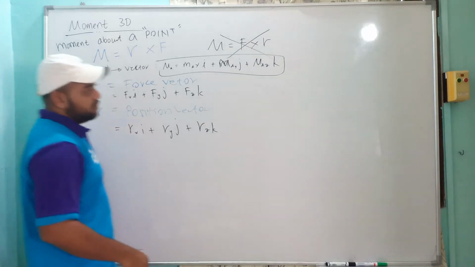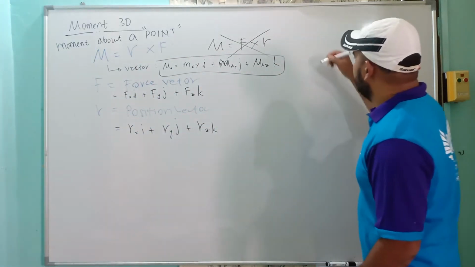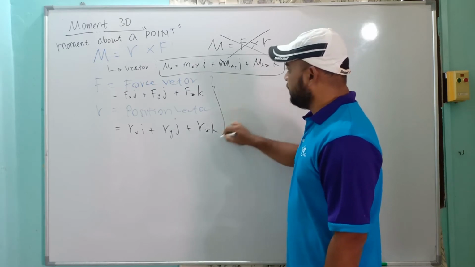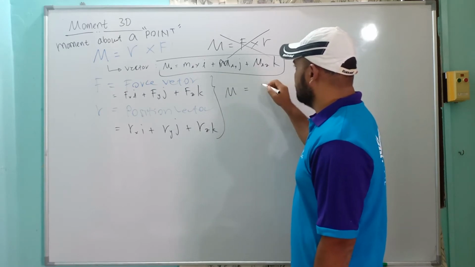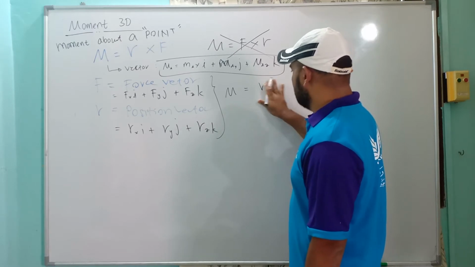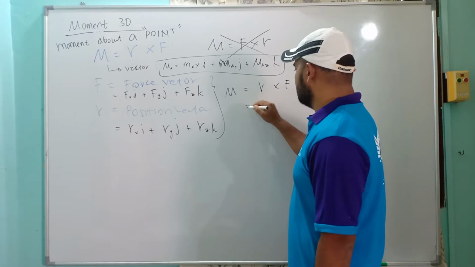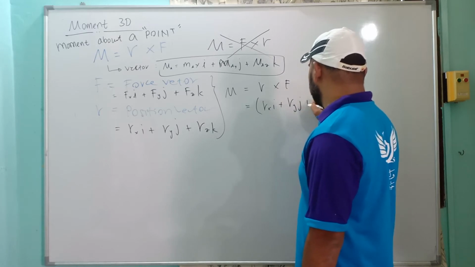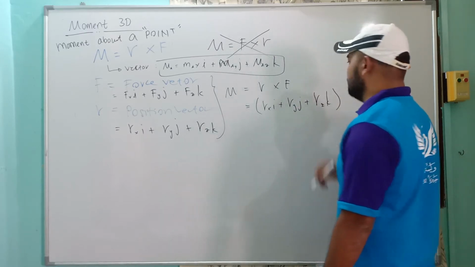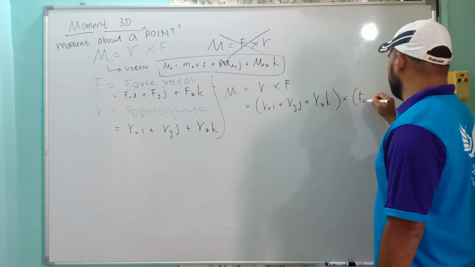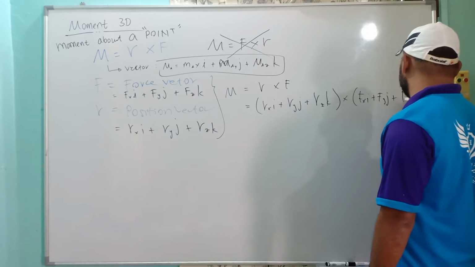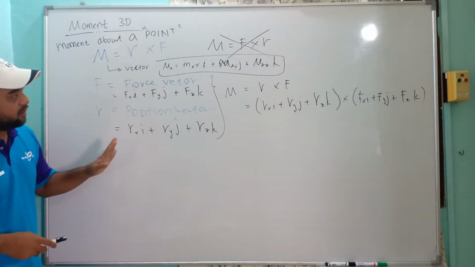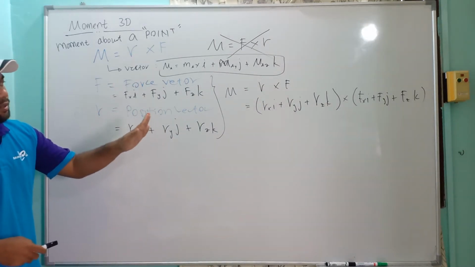What we can do is moment equal to R cross F, so I put in R, Rx i plus Ry j plus Rz k, cross Fx i plus Fy j plus Fz k. The cross product will be the moment.